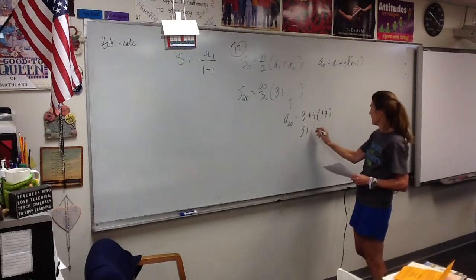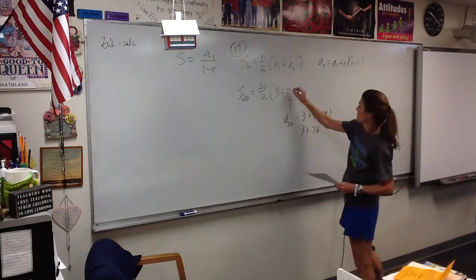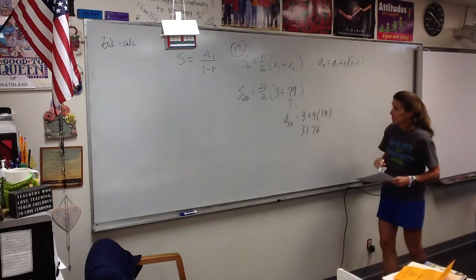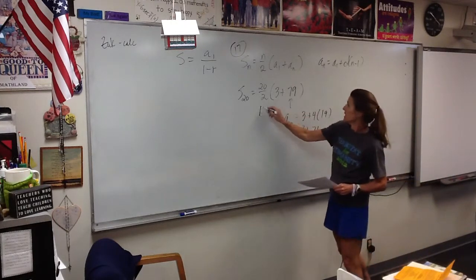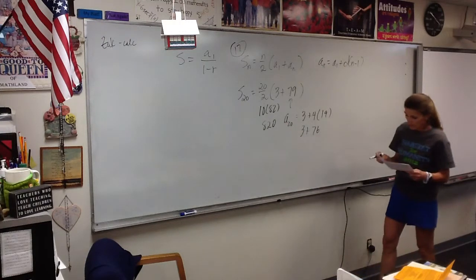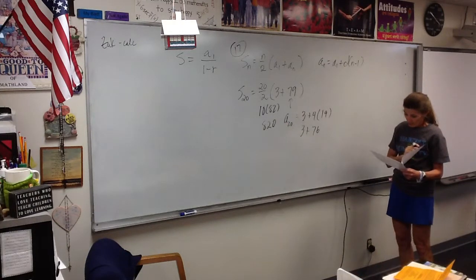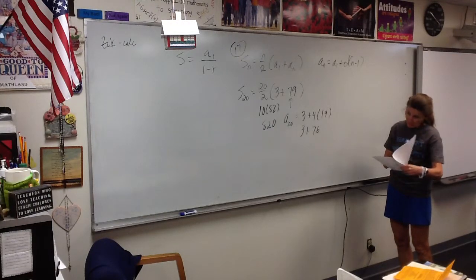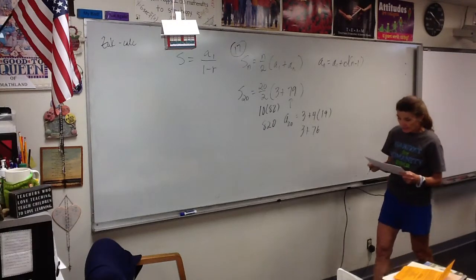So that'll be 3 plus 76, that will be 79. Then you will just take 10 times 82. It looks like the answer is 820. Okay, that's 17.